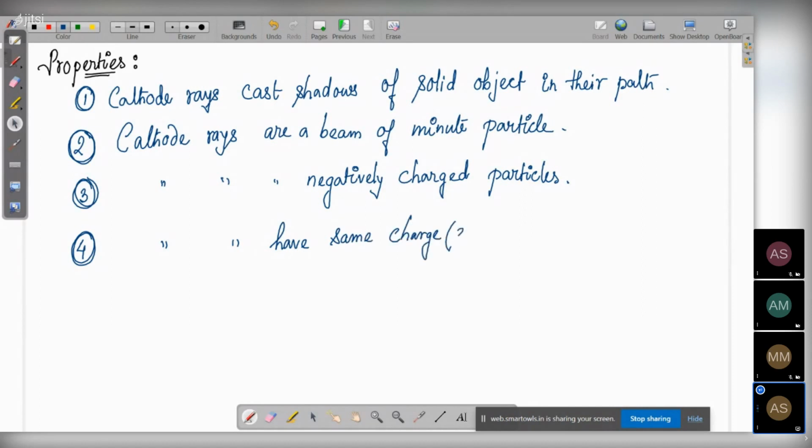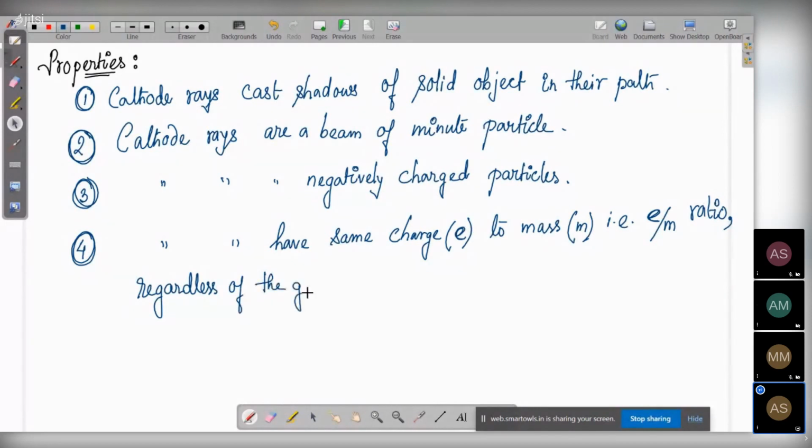Charge is represented by the symbol e, and mass is represented by the symbol m. That is the e by m ratio. The e by m ratio is the same, regardless of the gas taken in the discharge tube.